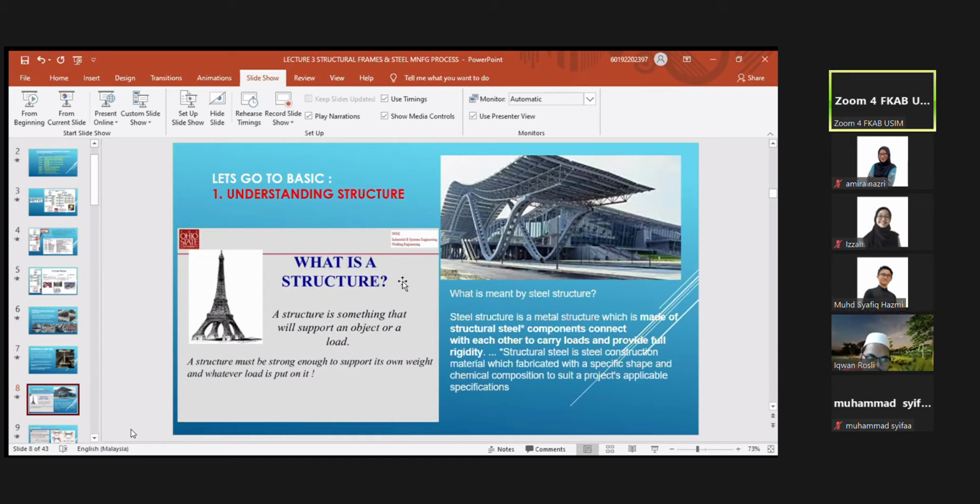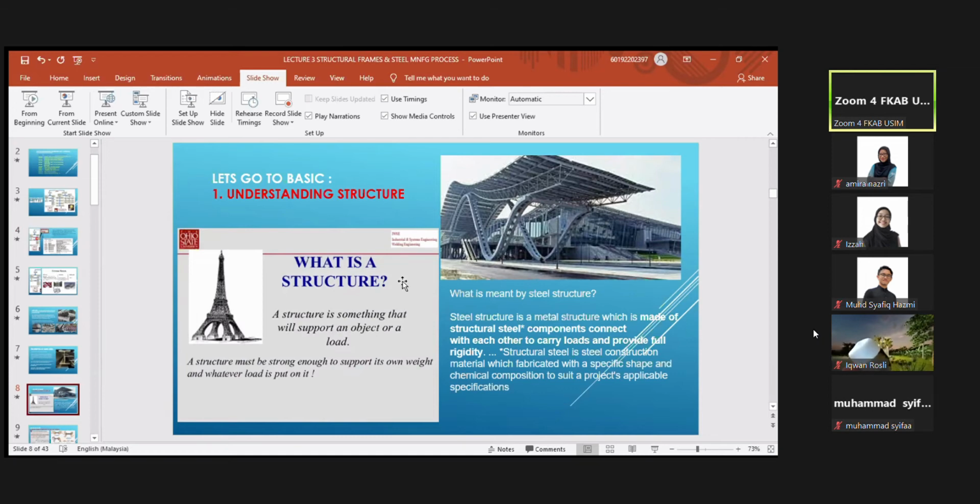Oh, okay, that's good. That's good, because right at this point now you understand what is a structure. Okay, a structure is something that will support an object or a load, so that it can stand. Because without structure, no load can actually be supported, and without a good structure, a safe structure, the building can collapse. This is something that engineers are good at.